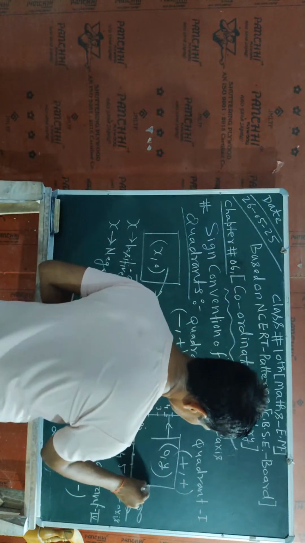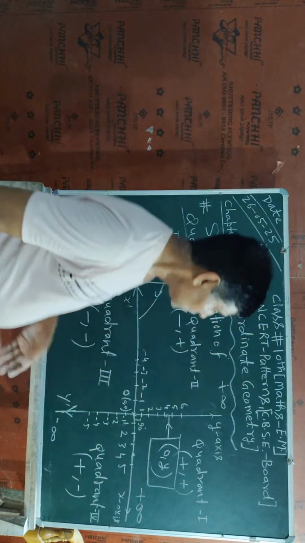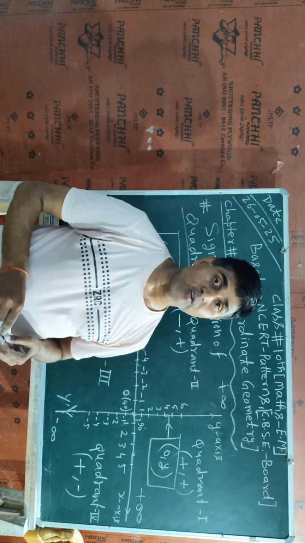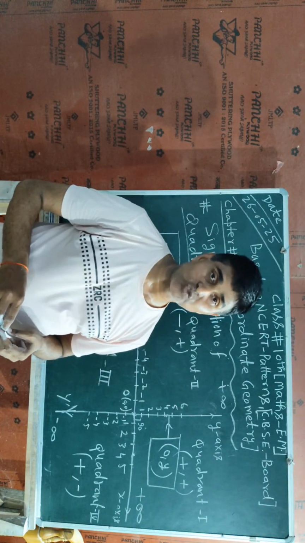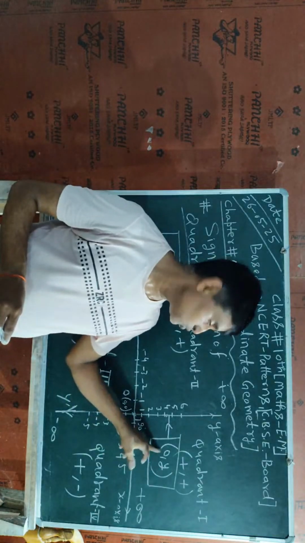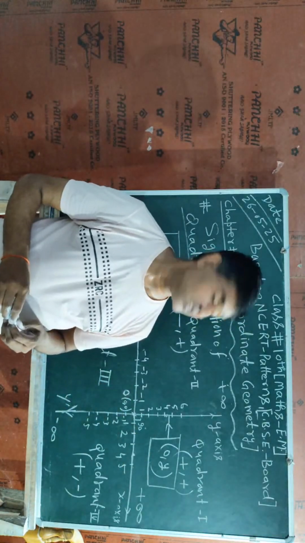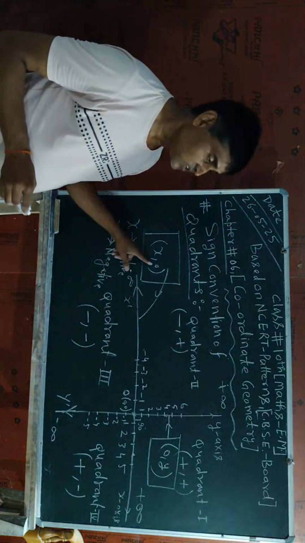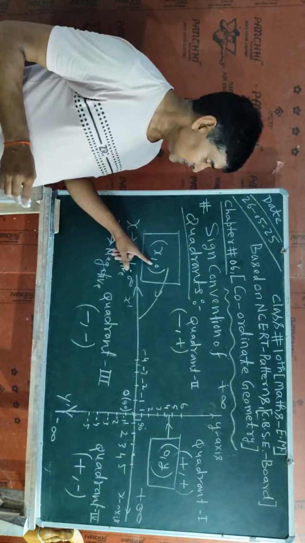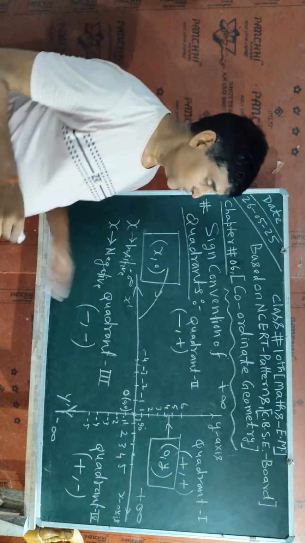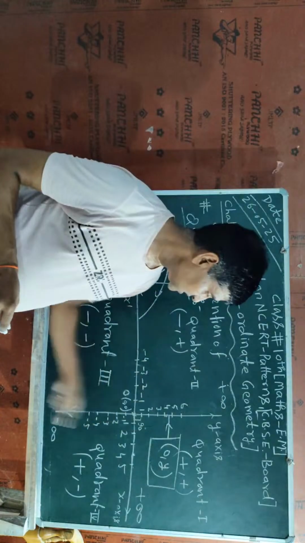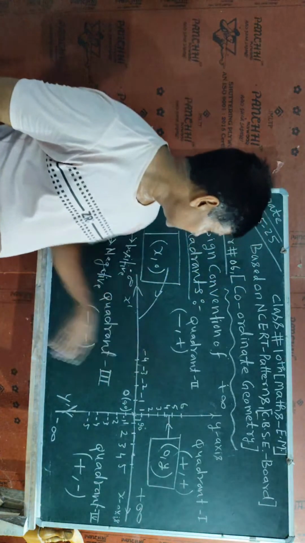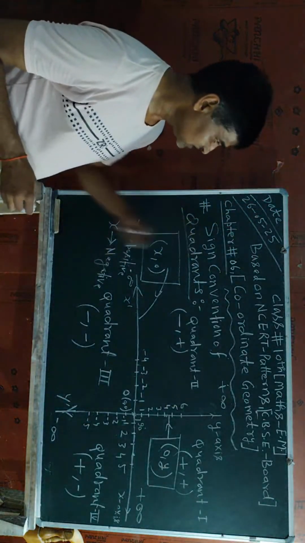Any point on the y-axis has an abscissa value of 0, but on the x-axis the ordinate value will be 0. Every time, the ordinate value will be 0 on the x-axis and the abscissa will be 0 on the y-axis. Okay students, so this is the information available in the sign convention.